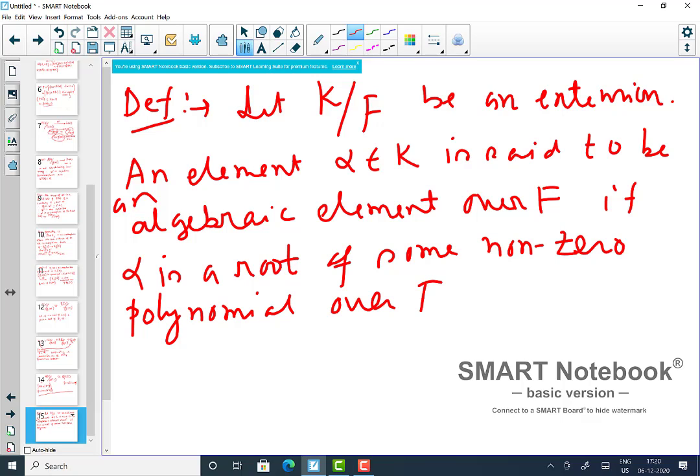So if you have some non-zero polynomial such that alpha is a root, then we say that alpha is an algebraic element, or algebraic over F.